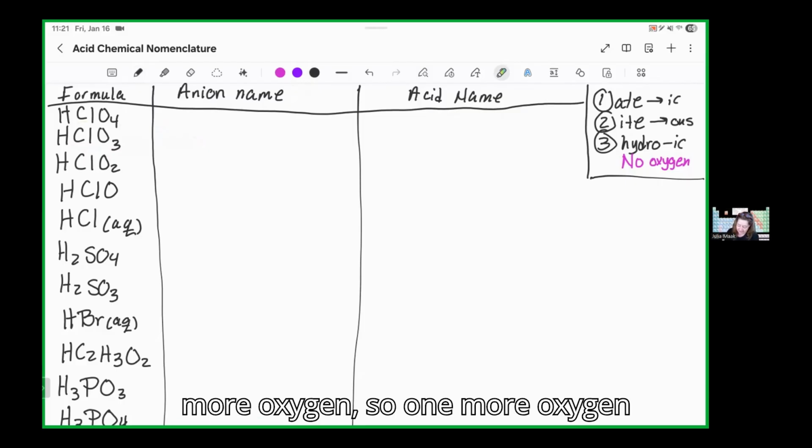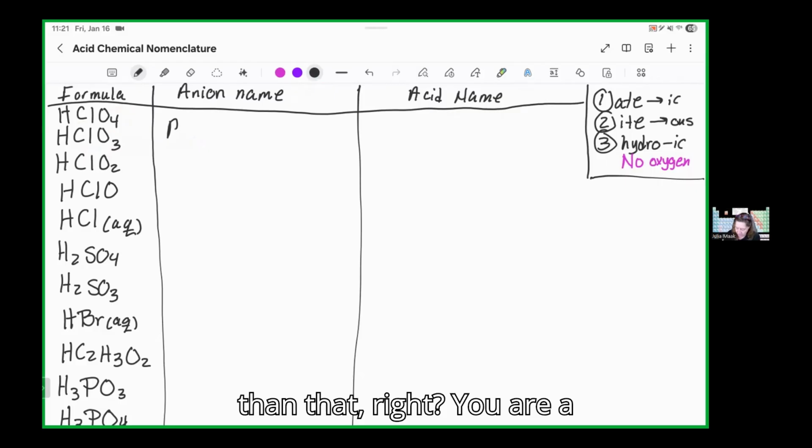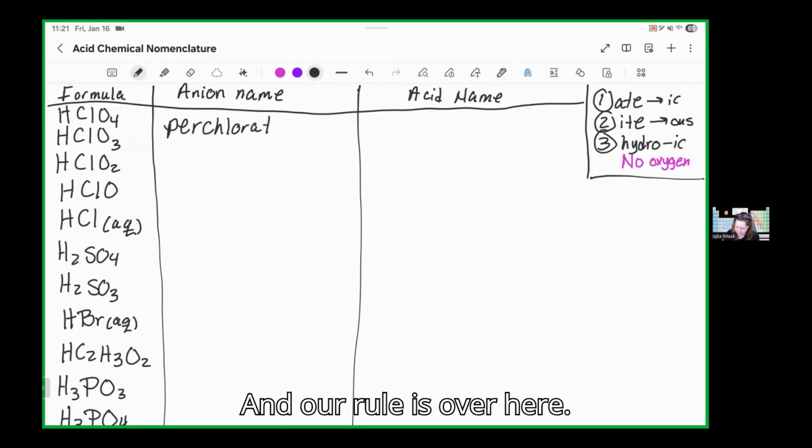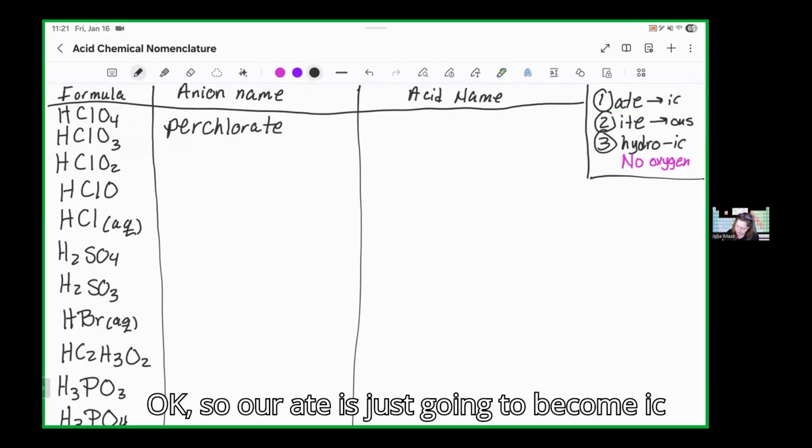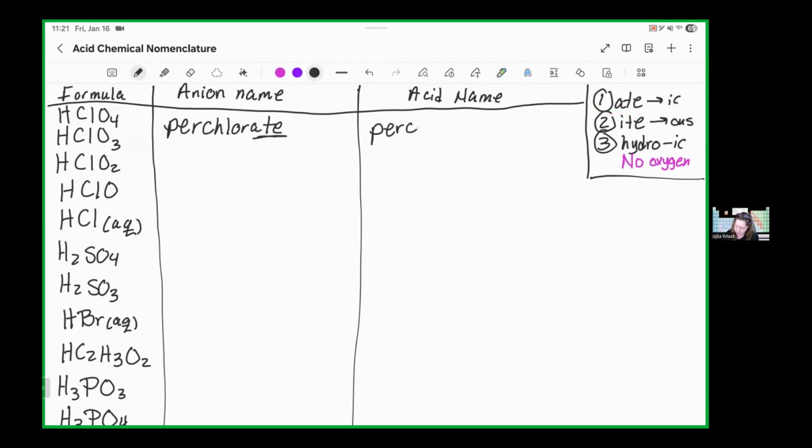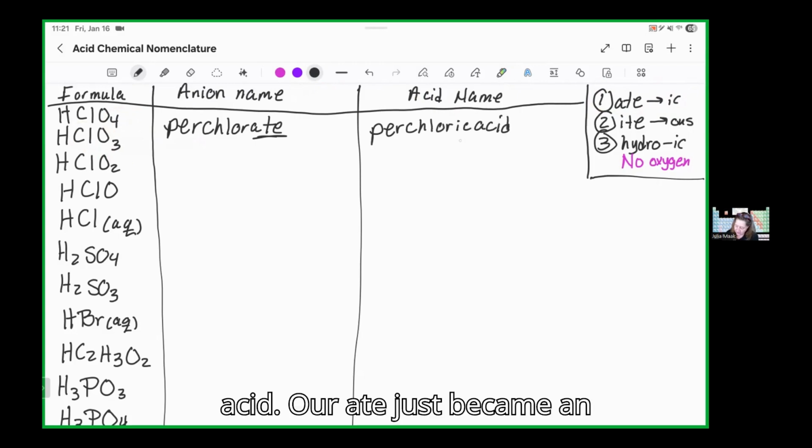One more oxygen than that, you are a per-ate, so perchlorate. And our rule is that ate goes to ic acid. So that is perchloric acid. Our ate just became ic acid.